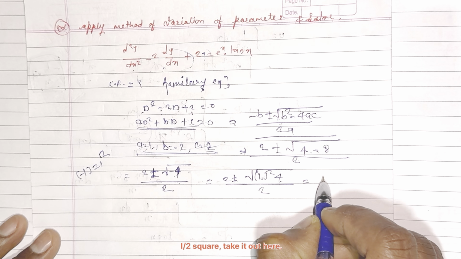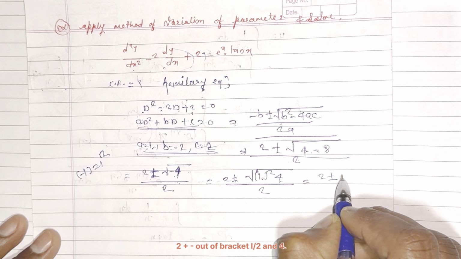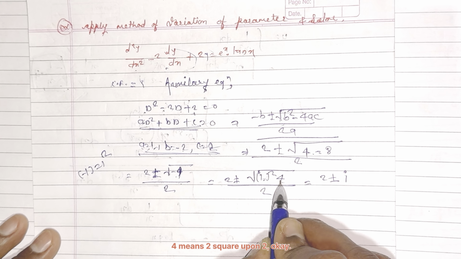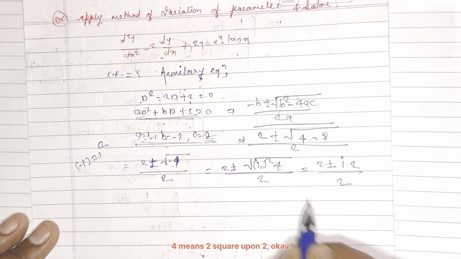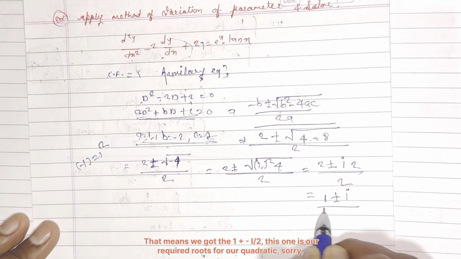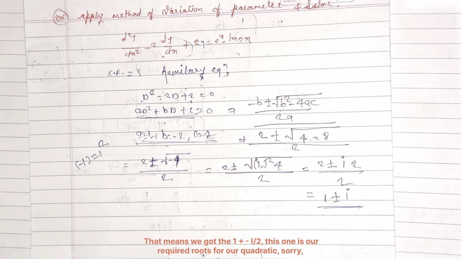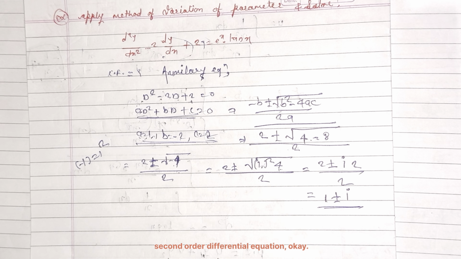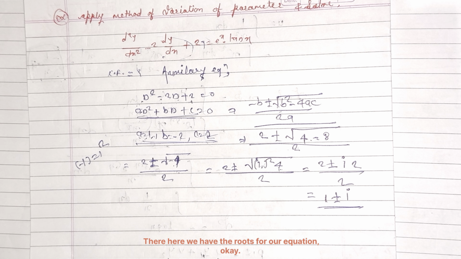Taking iota out of the root, and the square root of 4 being 2, we get 1 plus minus iota. These are the required roots of our second order differential equation.